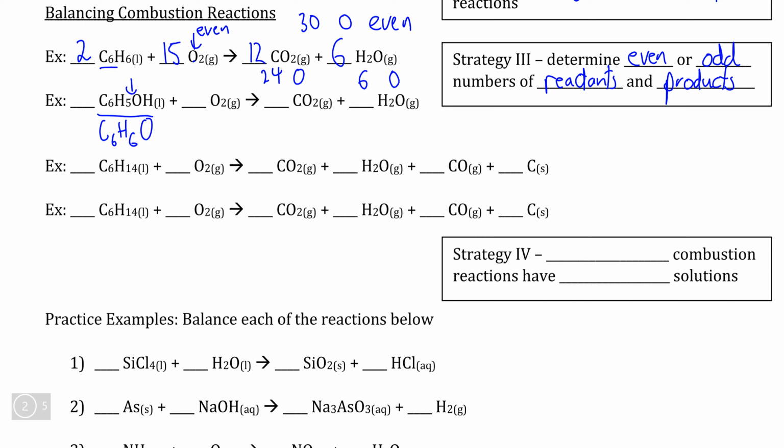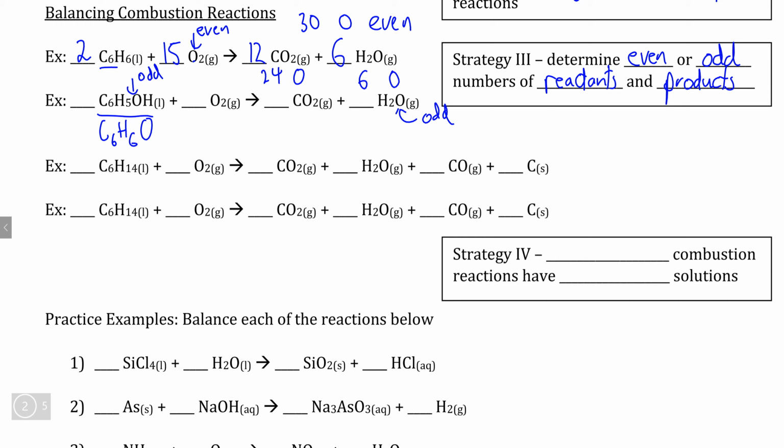So that tells us that we have an odd number of oxygens from this compound here, and we already know that because water has 1 oxygen, we have an odd number here, which means we don't need to worry about converting every compound into an even number here. So let's go ahead and apply the major hydroxide strategy by balancing the only major element, the only non-hydrogen and oxygen element, which is carbon.